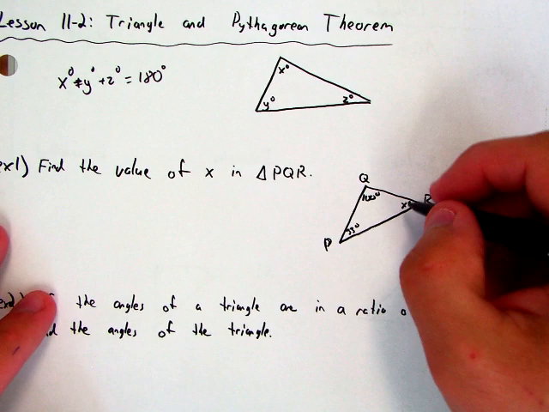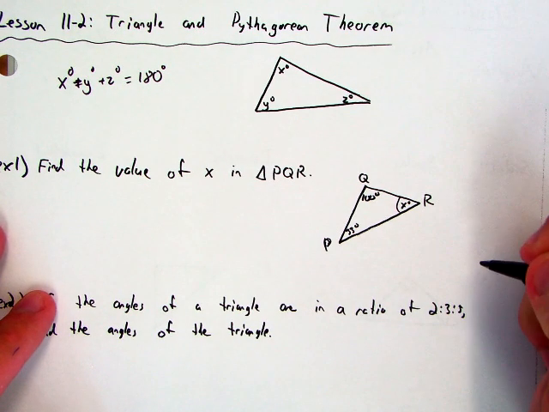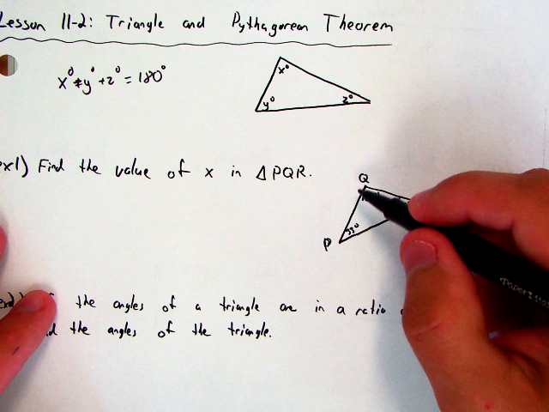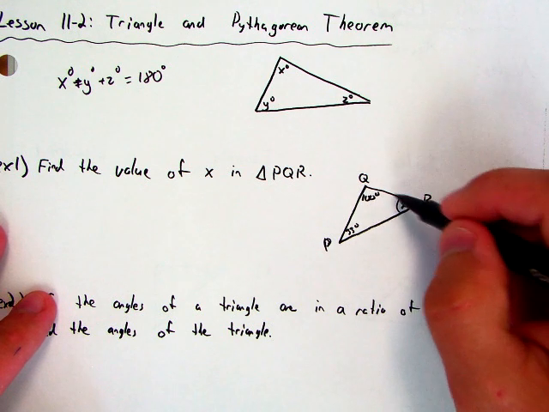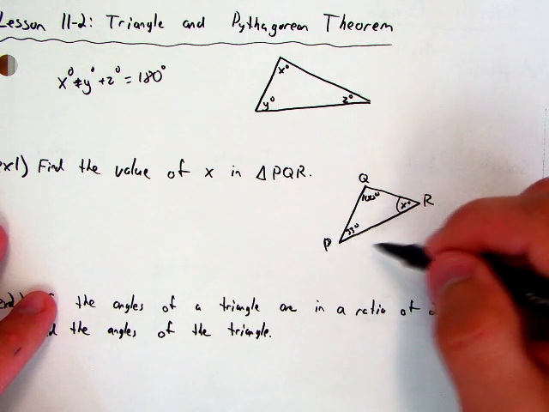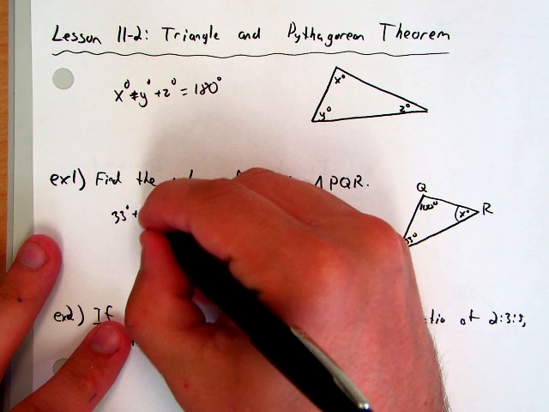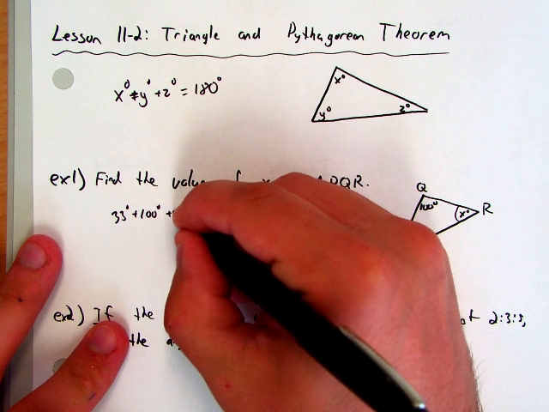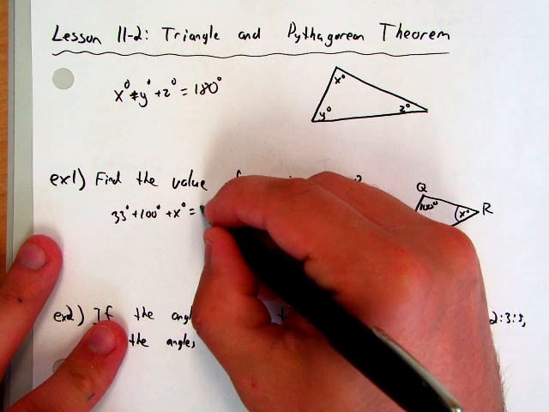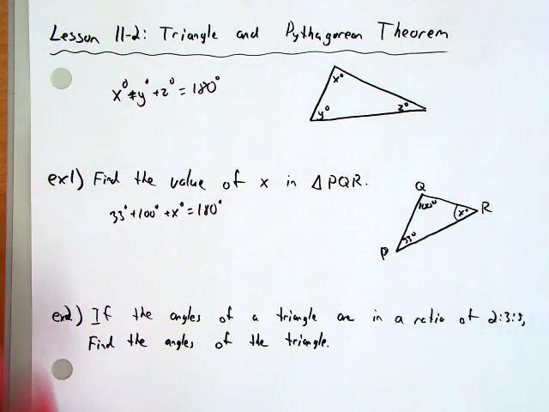Find the value of x, which is right here, in triangle PQR. So again, if I add them all up, I get 180 degrees. So let's add them all up. 33 degrees plus 100 degrees plus x is 180 degrees.